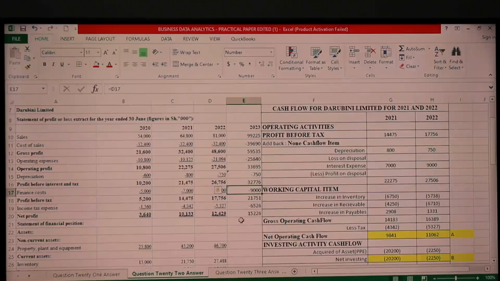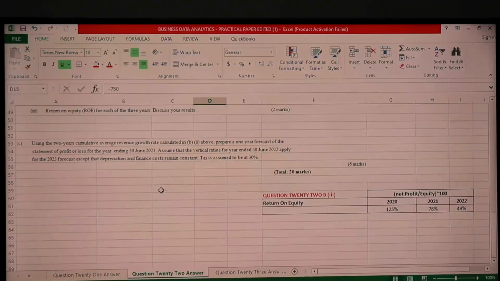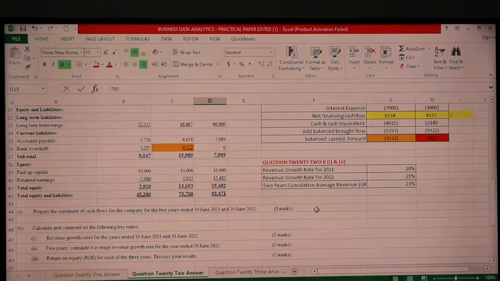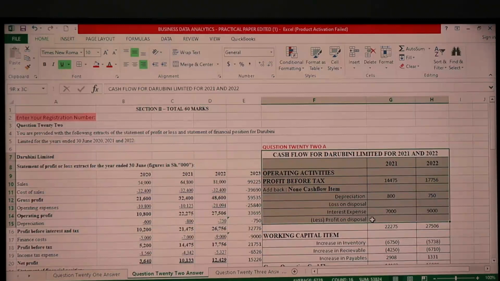I think that one is now fine. So that is how you're supposed to solve that entire question. At least arrange your work properly. Make sure that you have the right format for your cash flow. Set the right focus, the right format.